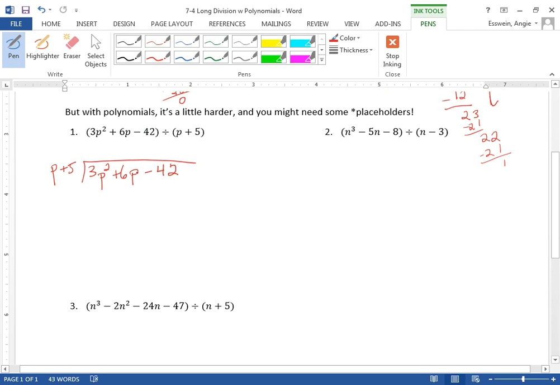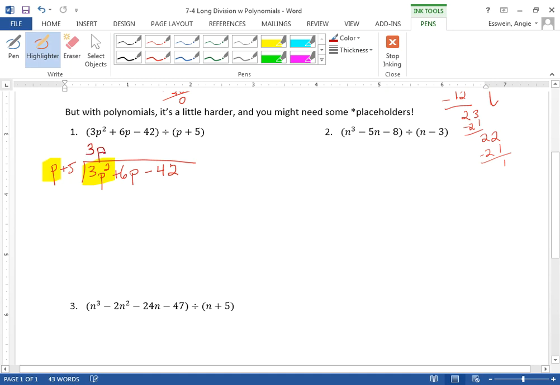Now, this is a little bit trickier than the numbers because you've got a p plus 5. So the only terms you're going to look at are the first ones. That's it. Okay, and you're going to say, what times p gives you 3p squared? And the answer is 3p. 3p, good.